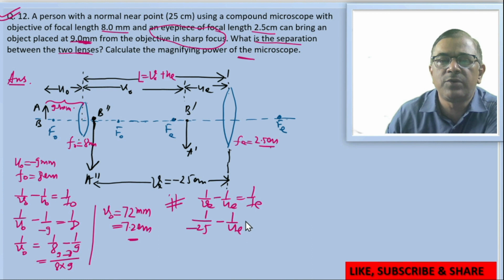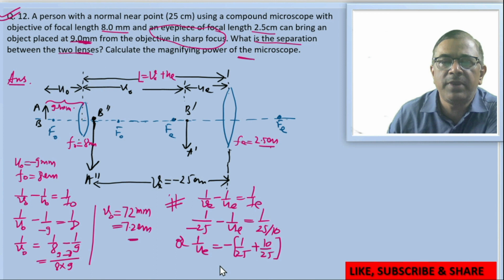UE is to be calculated, and this is equal to 1 by 25 by 10, or 1 by UE equals, taking minus sign common, 1 by 25 plus 10 by 25, and that makes it minus 11 by 25.